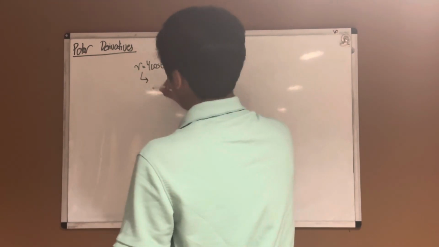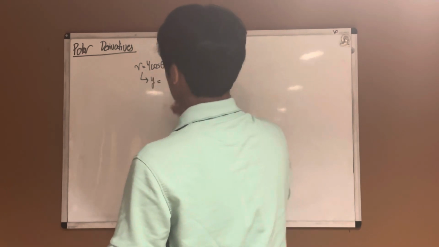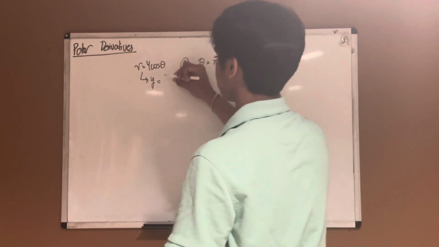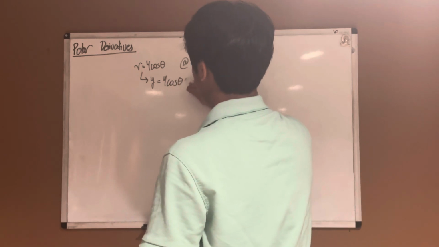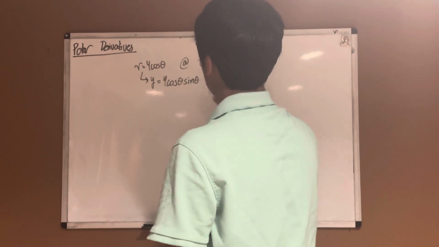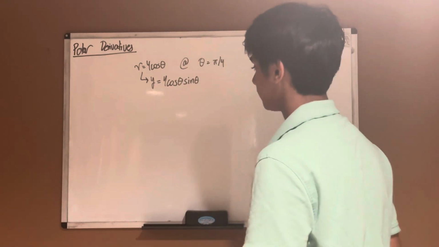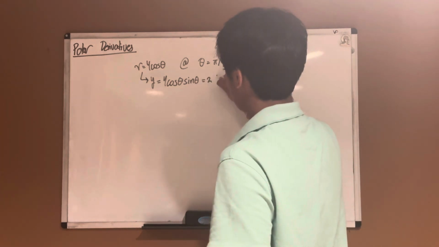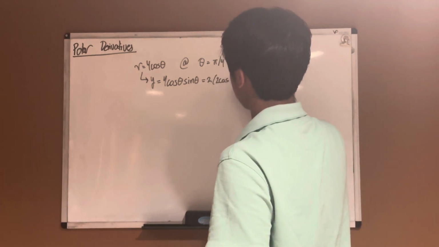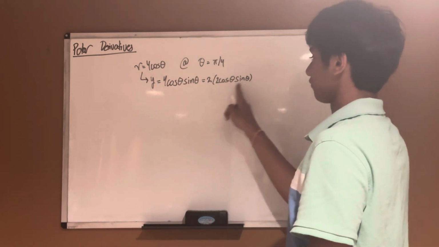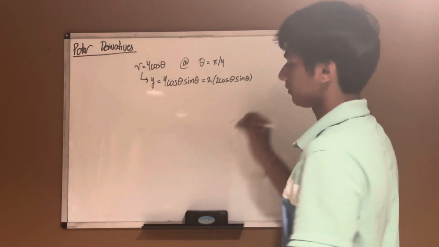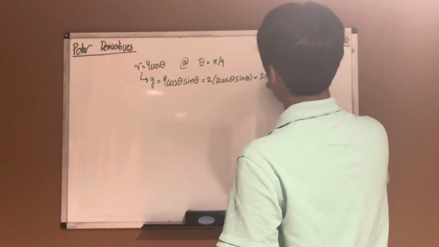Let's start with y first. y would be equal to 4 cosine theta times sine theta. If you know your trig identities, a simple one is that 2 cosine theta sine theta is equal to sine 2 theta. So this becomes just 2 sine 2 theta.